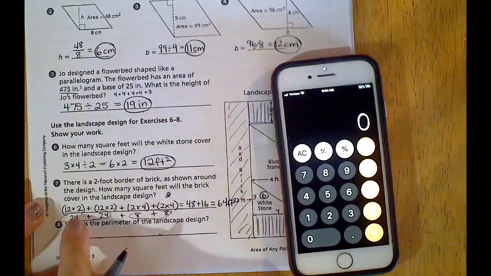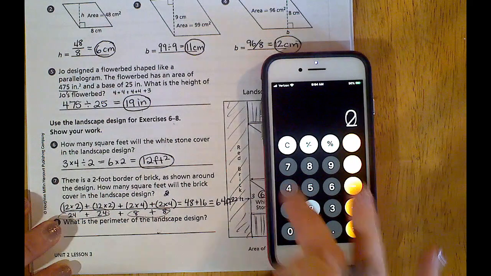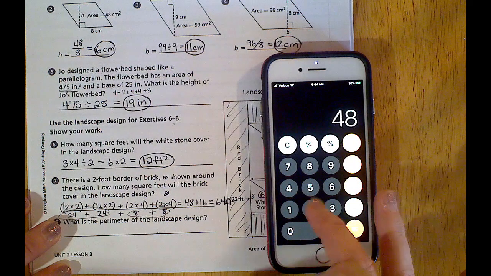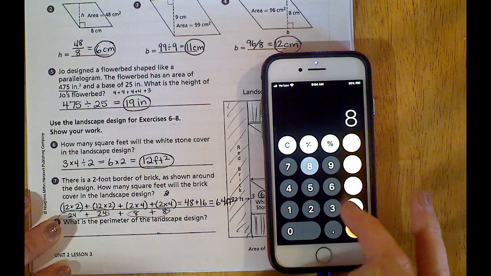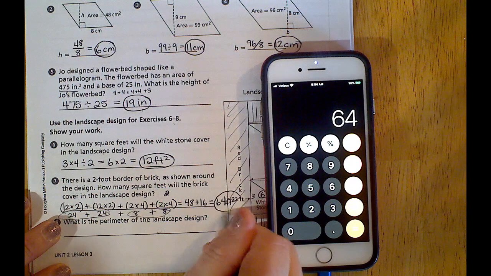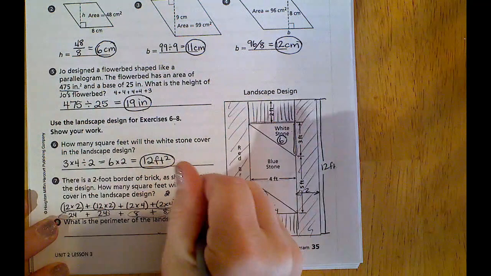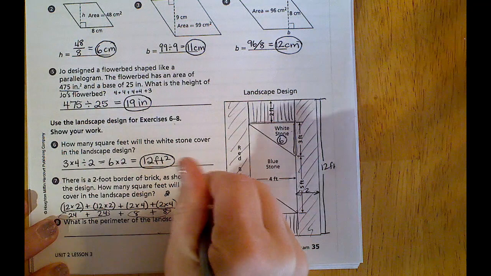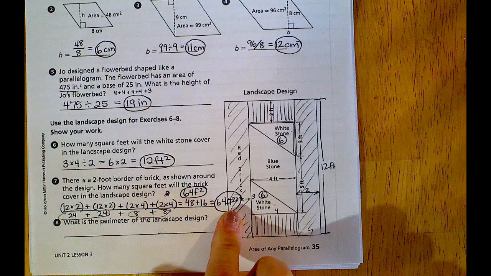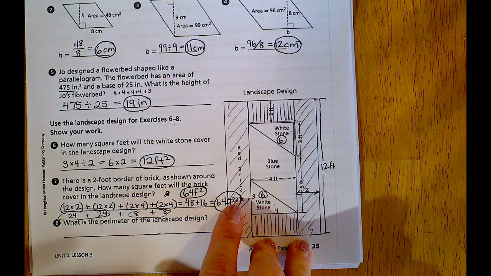I know my numbers are right, I'm just double checking my adding. 24 plus 24 plus 8 plus 8 equals 64 feet squared. I'll put 64 feet squared as our answer, so you can know that you're talking about area.